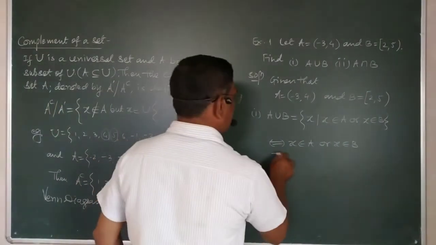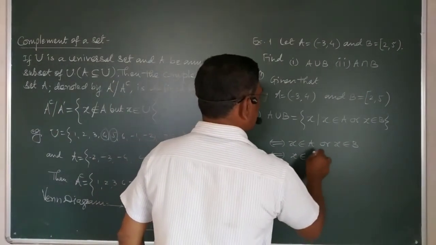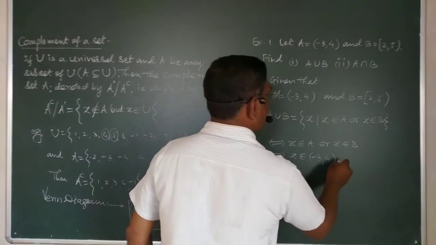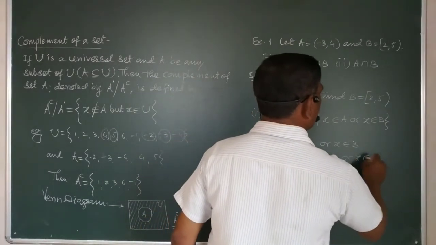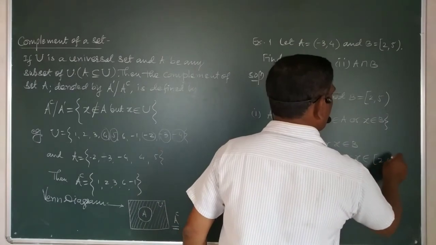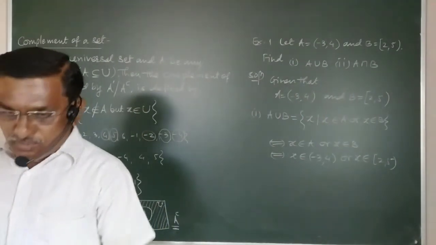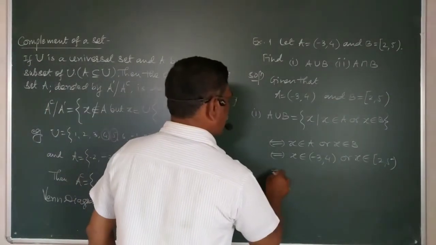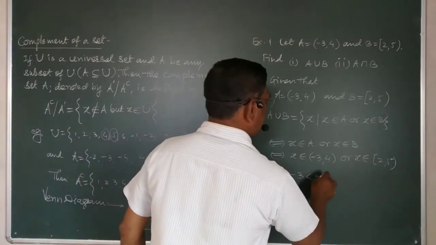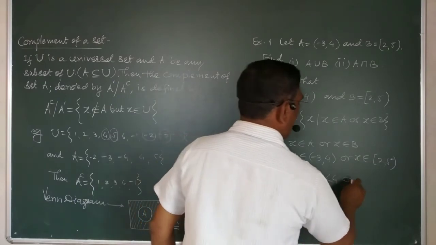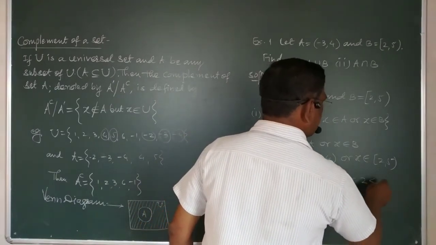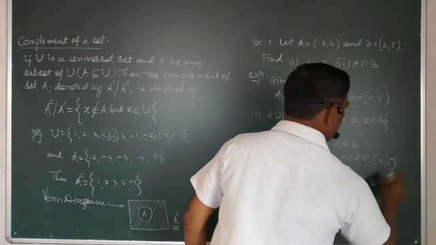What does this imply? X belongs to minus 3, 4, or X belongs to 2, 5. Now whenever I say that X belongs to minus 3, 4, it means that if and only if minus 3 is less than X, less than 4, or 2 is less than or equal to X, less than 5.